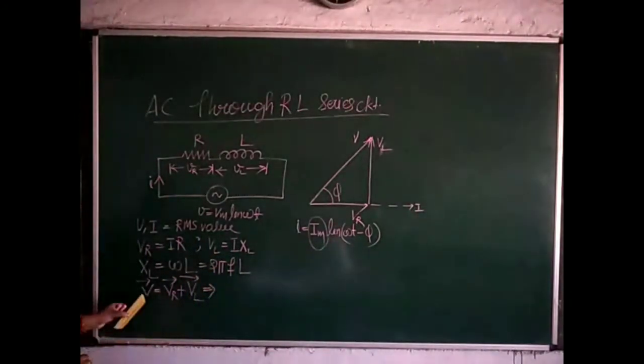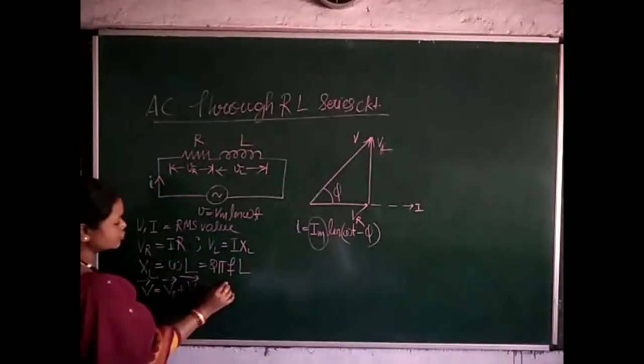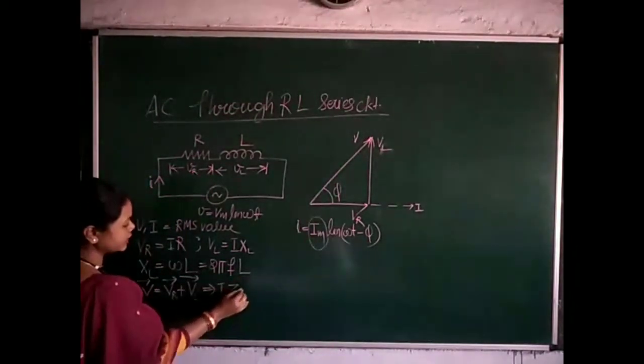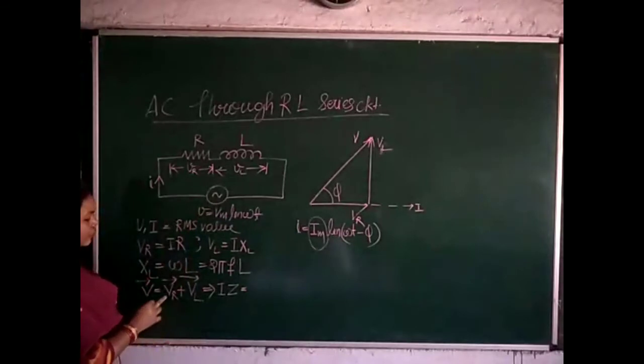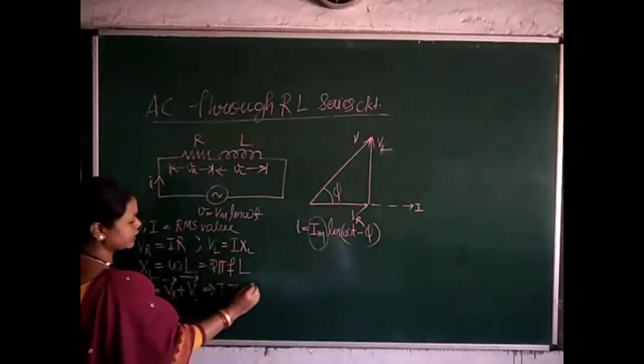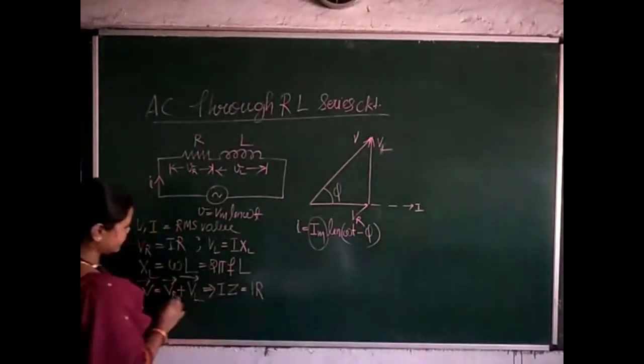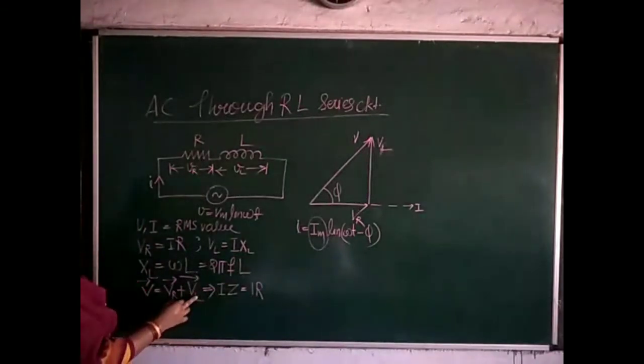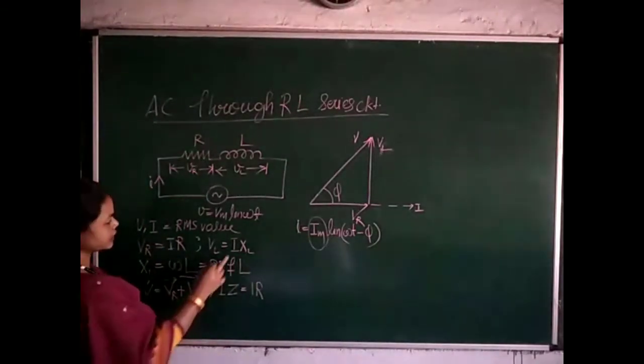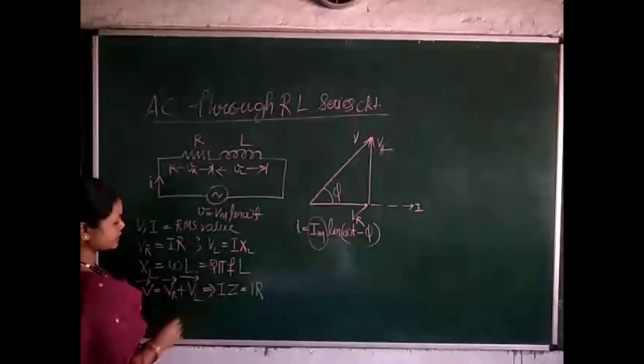Now what is V? V is the total current into the total impedance of the series circuit. What is VR? You put the value of VR here, it is IR, and VL is IXL. It is the vector sum.